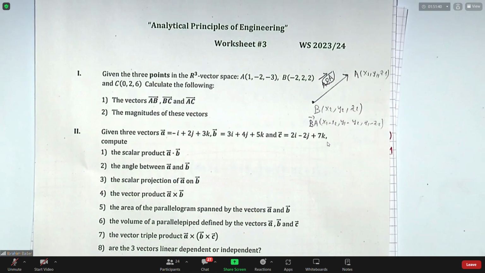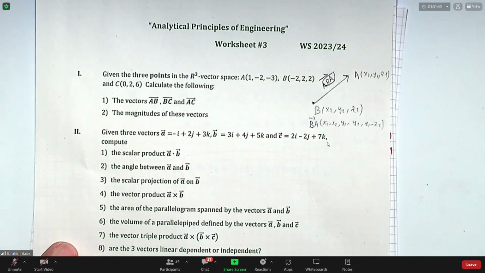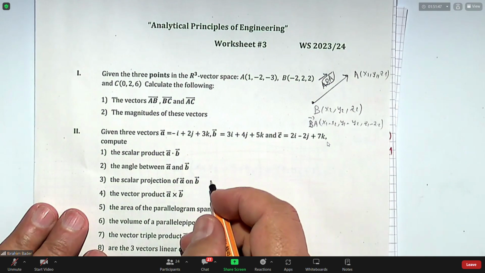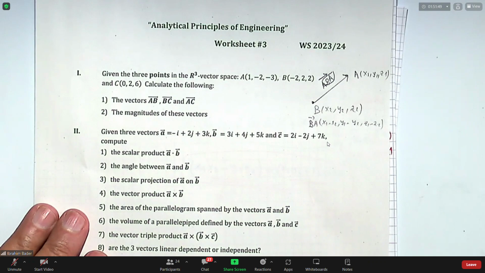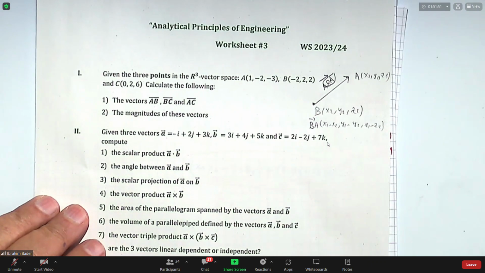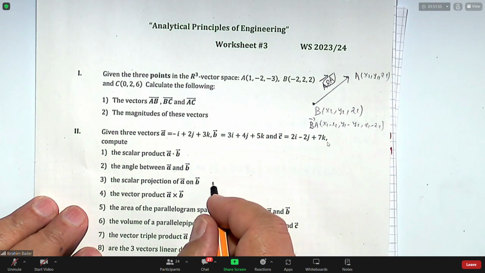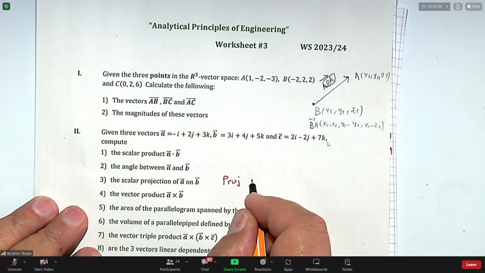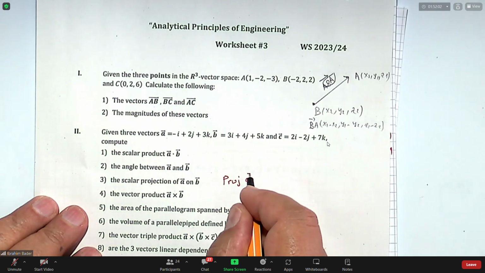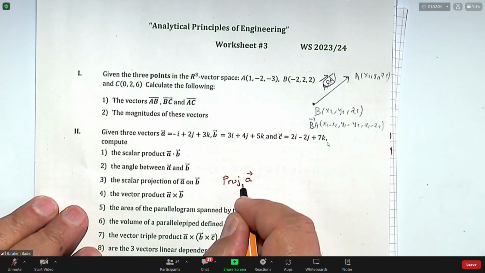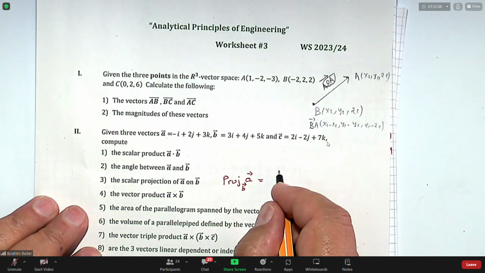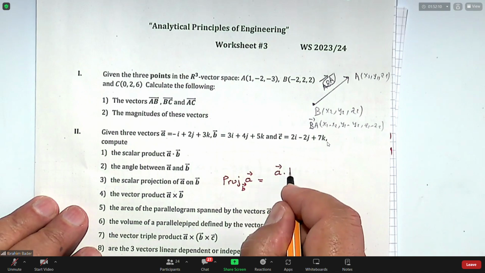So maybe here I want to give you the formula.